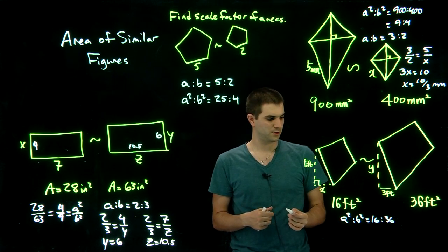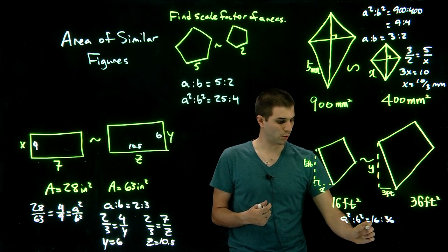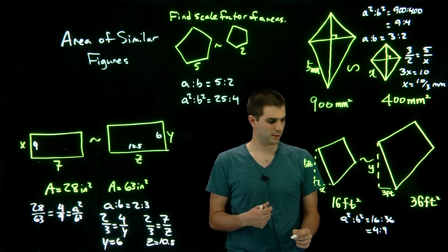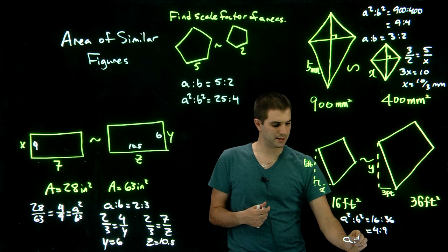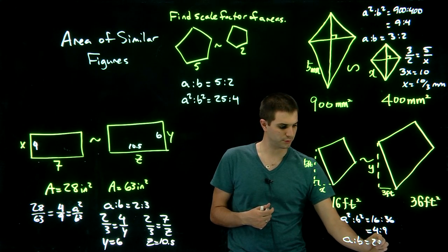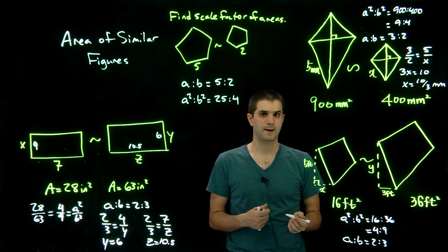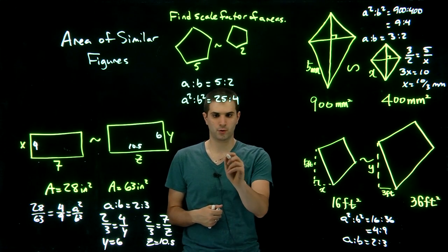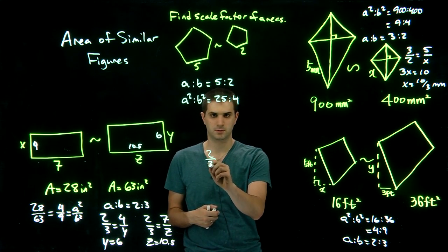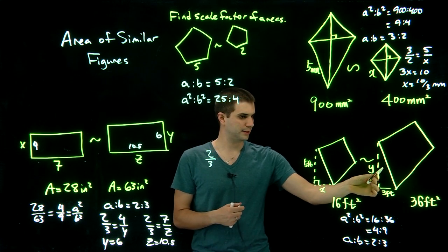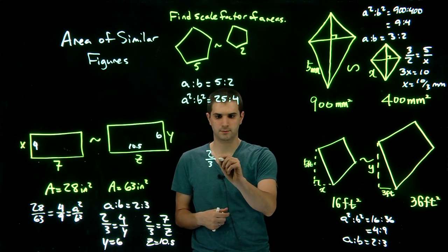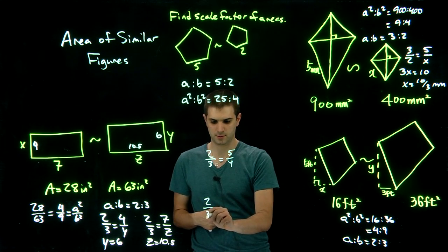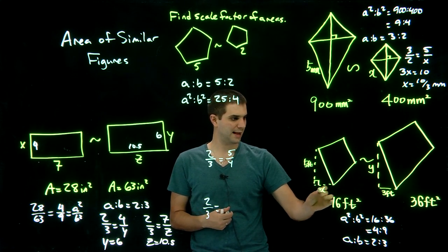We can reduce this to 4 to 9. So a to b equals 2 to 3. So 2 over 3 equals 5 over y, and 2 over 3 equals x over 3.